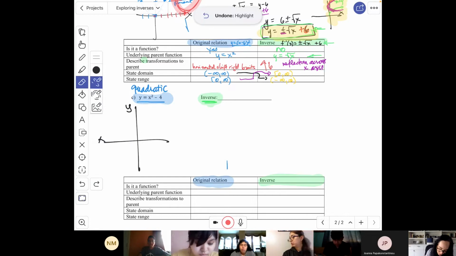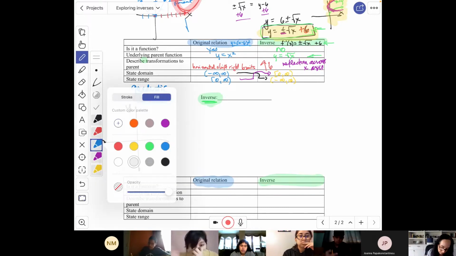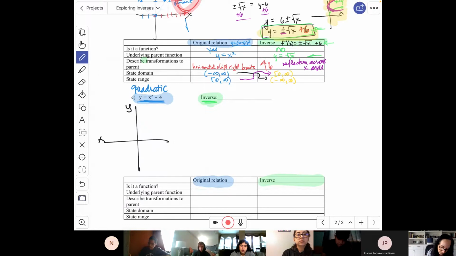My question to you, is that original equation a function? Is that a function? Yes, it is.